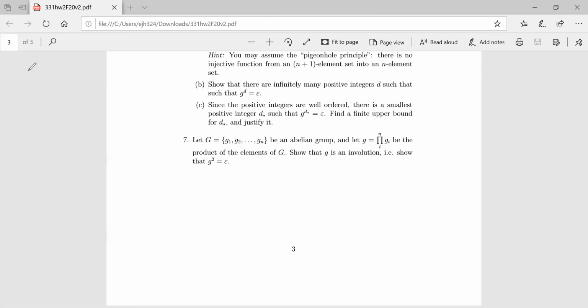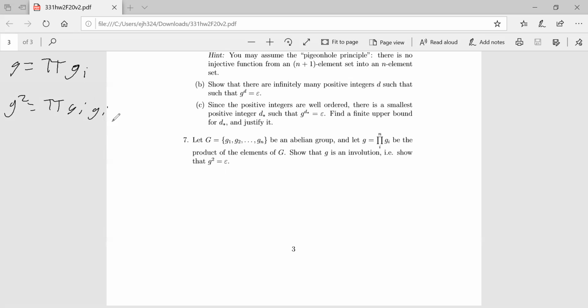So if we have G is equal to the product of GI, and then we have G squared is equal to the product GI, GI, right?